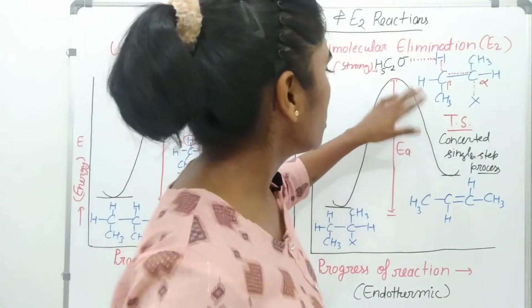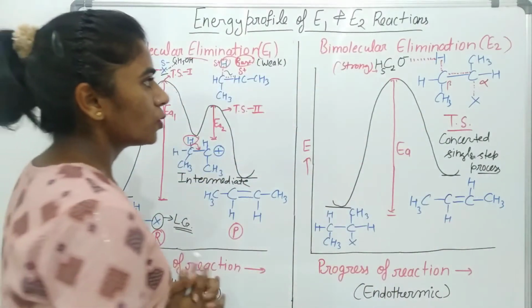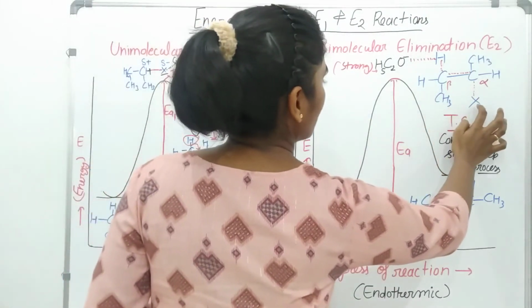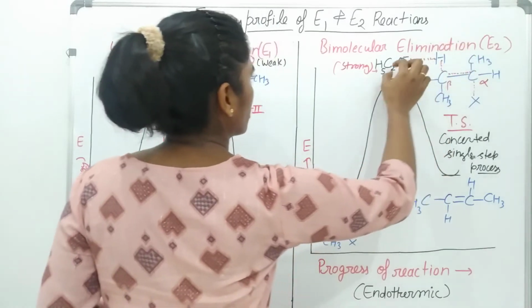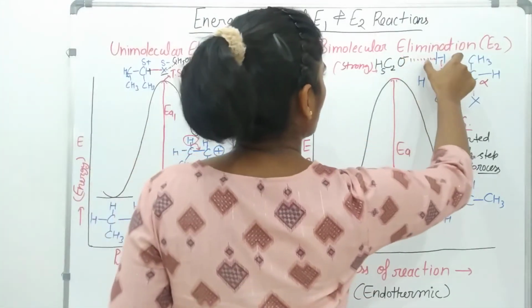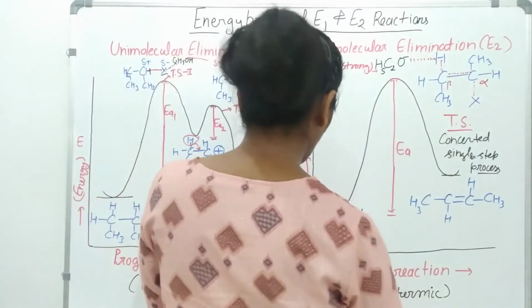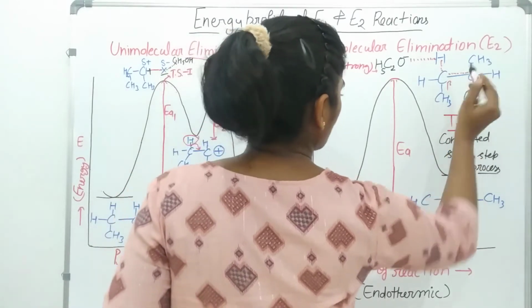So that's why it is called concerted single step process. You can see here, this is the leaving group and this is the hydrogen. This hydrogen is going to be attracted by this strong base, and this leaving group is going to leave the site from here, and there is the formation of this pi bond.